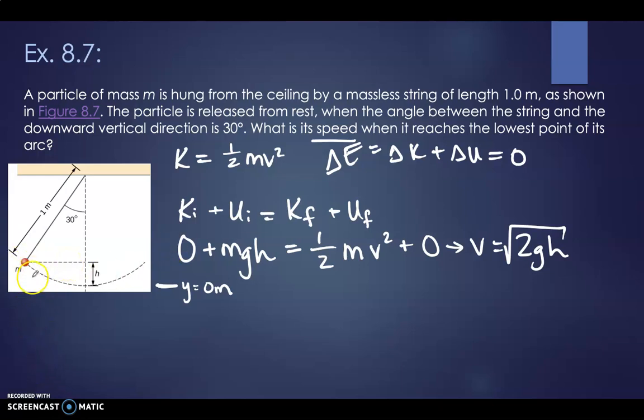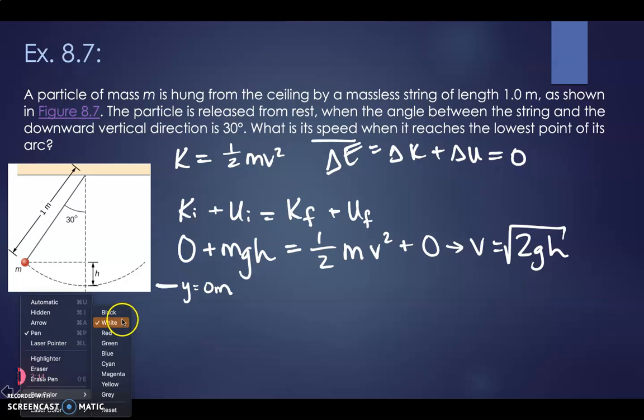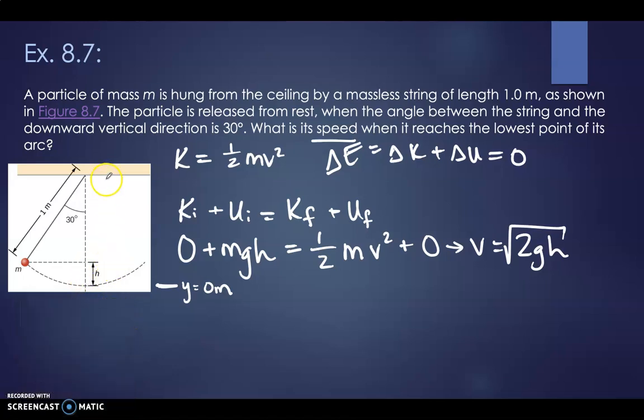If it goes all the way down here, this height is also going to be 1 meter. Okay, so we want to then find this value here. So what is this length? If we can find this length, then we can find h.